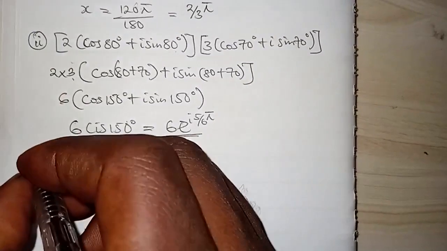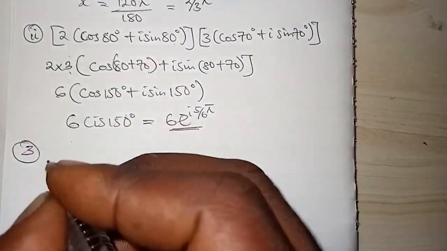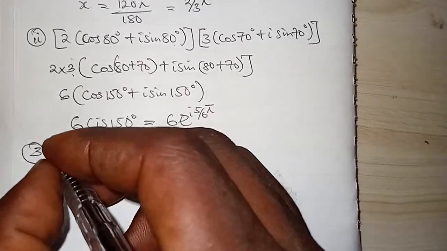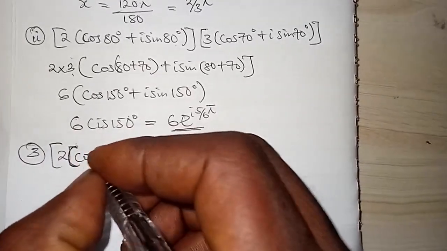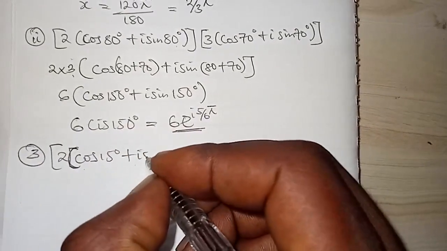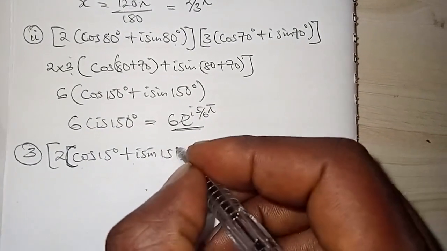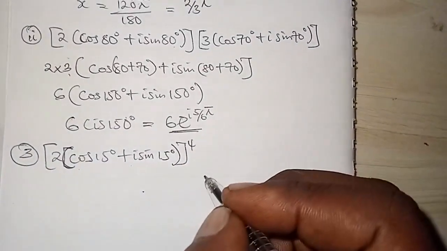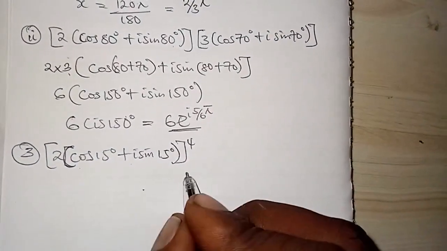If we have another example, let's say 2 times cos 15 degrees plus i sine 15 degrees, raised to power 4. Let's see if we resolve this.